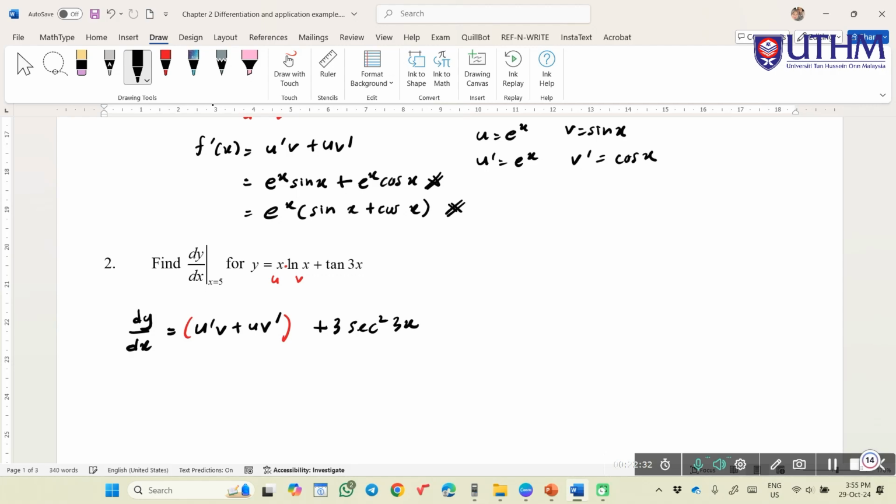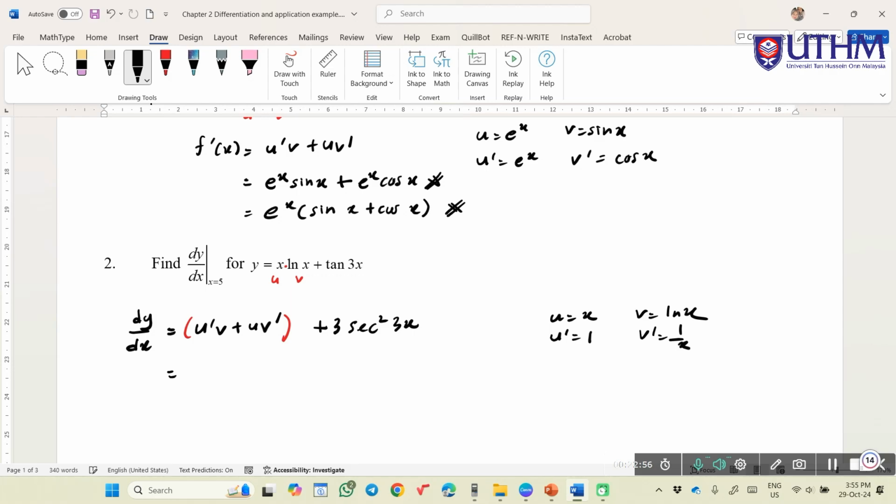Alright, so now we need to settle the product rule. So we have u here. u is x, v is ln x. So u prime is 1, v prime is 1 over x. Then substitute into the differentiation.